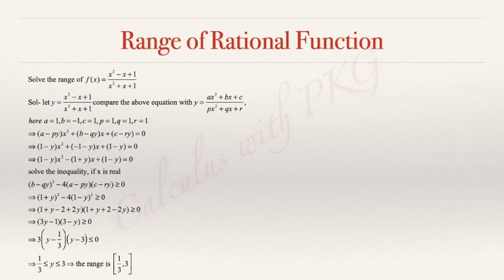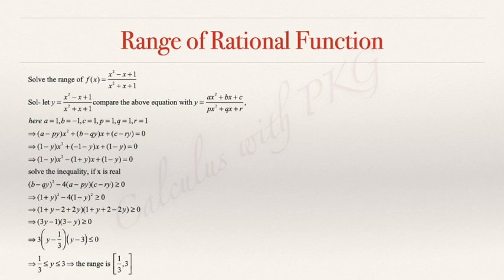Then we write the quadratic equation obtained by cross multiplying and arranging the rational function. Putting in the values of a, p, b, q, c and r, we obtain (1 − y) x² + (−1 − y) x + (1 − y) = 0.